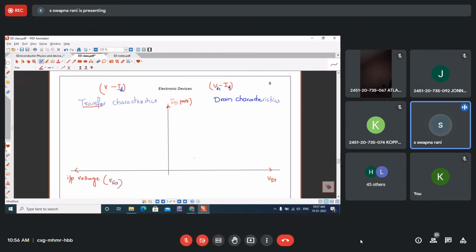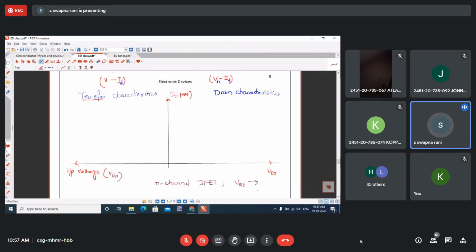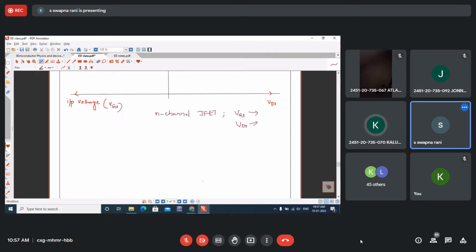And if we take an N channel JFET, VGS, is it positive or negative? Reverse bias means VGS should be negative. Yes, VGS negative. For the N channel, the gate is P type.